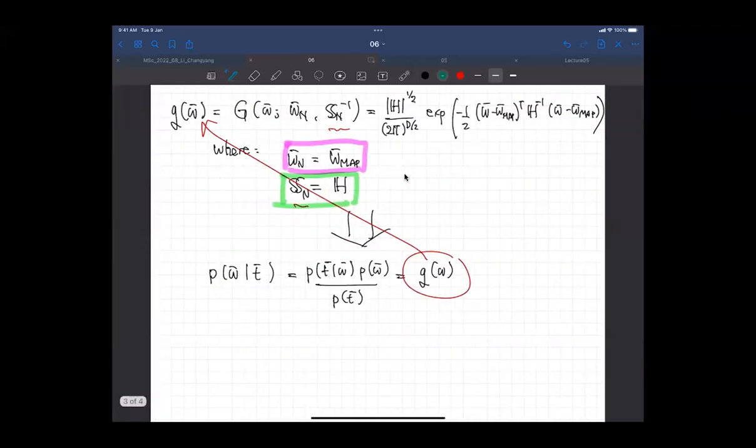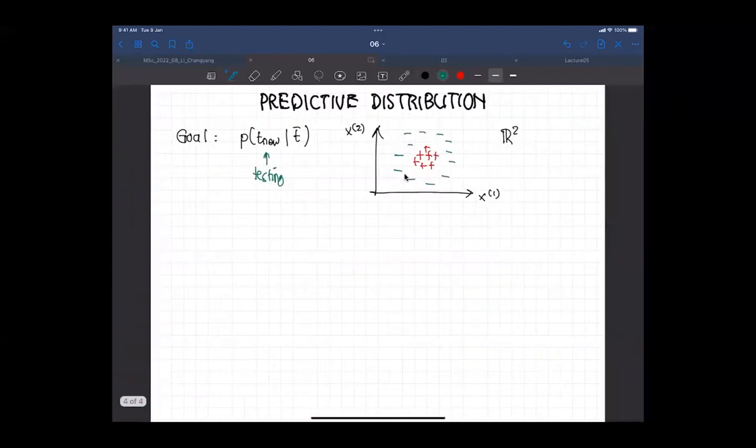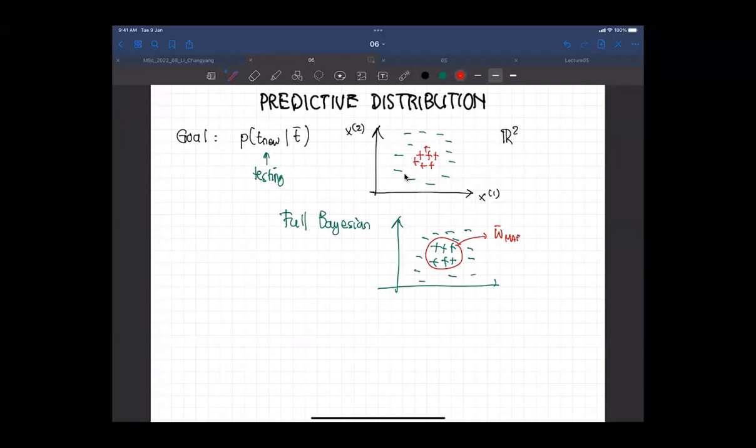Okay, so it's different from the full Bayesian. In full Bayesian, the training is done separately from the testing, because in the training, we only estimate W. And then we use this W. In full Bayesian, we have positive, we have negative, and your W is this circle, the estimated W, W MAP.